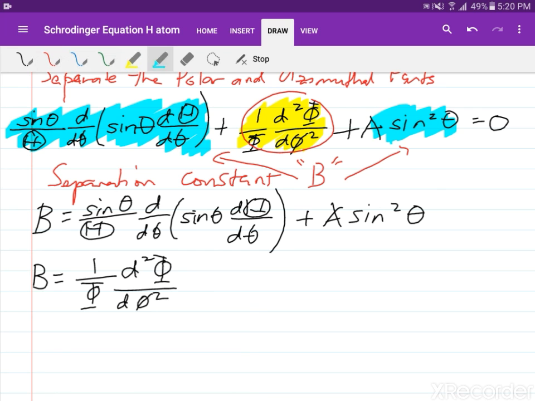So now we call these two equations the polar part of our angular equation and the azimuth part of the angular equation.